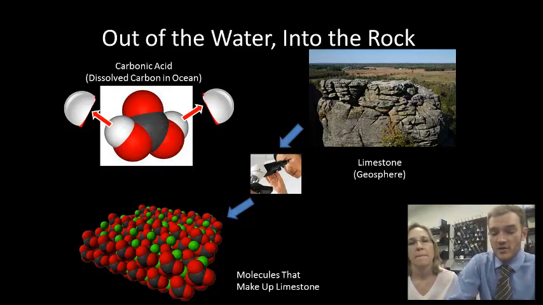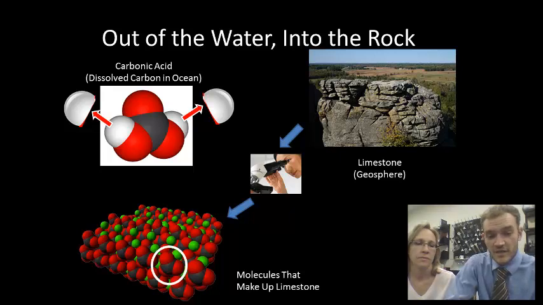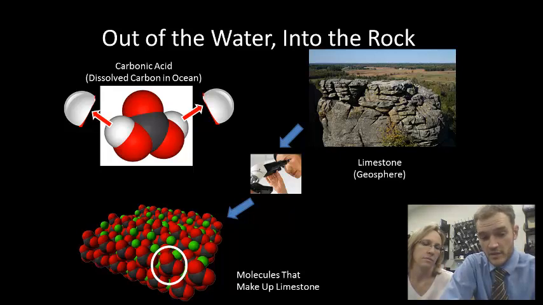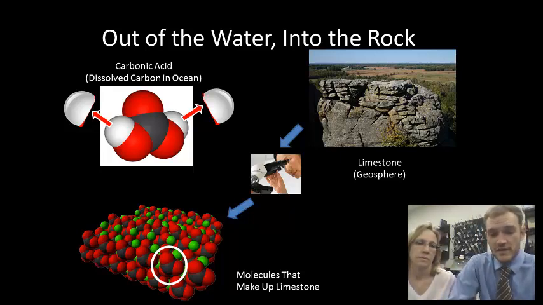So this looks pretty similar to how that molecule looks in limestone. Again, we have that same black carbon atom with 3 oxygens around it. That's called a carbonate. And that is what makes up limestone.